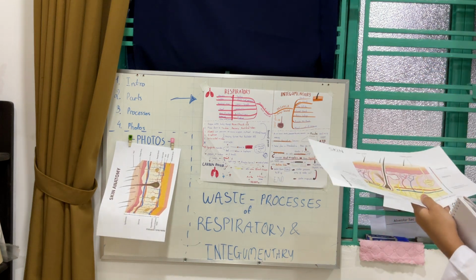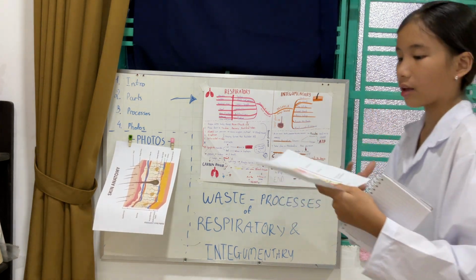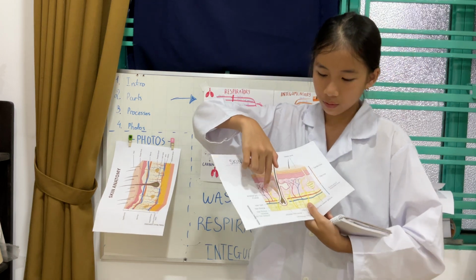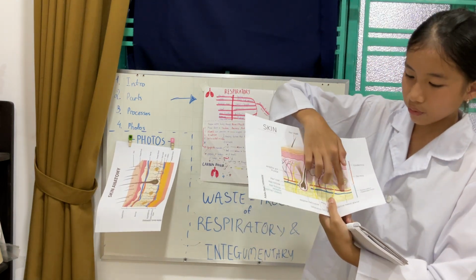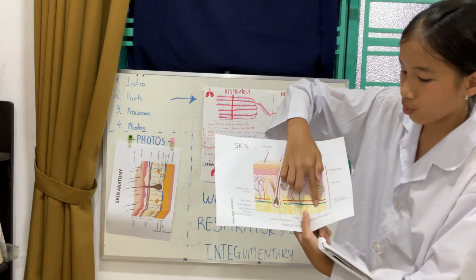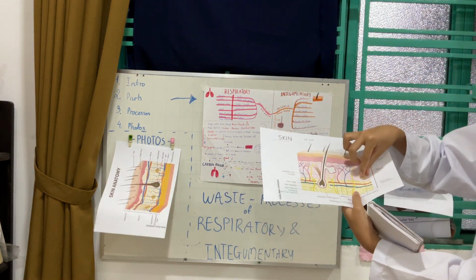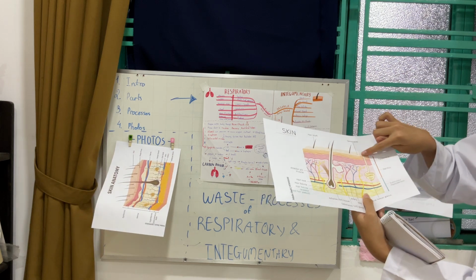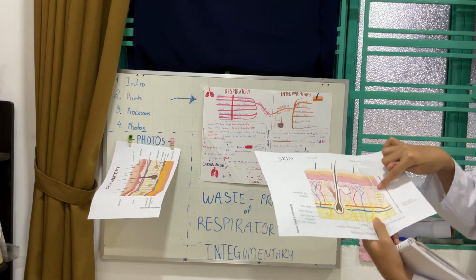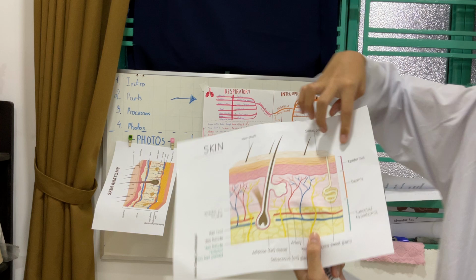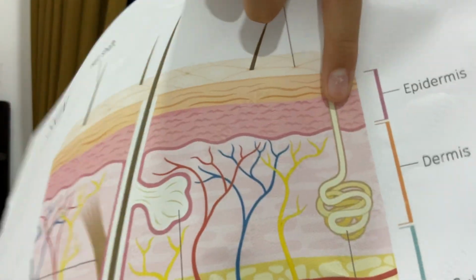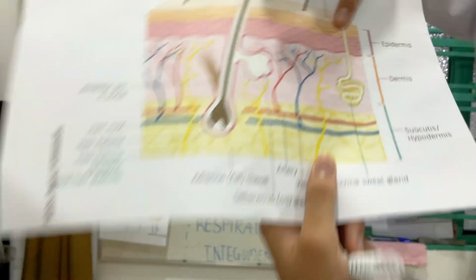And when they are in the sweat gland, the water in our body will move into this tube. And that liquid will be shot out into this little tube that goes straight up, as you can see here.